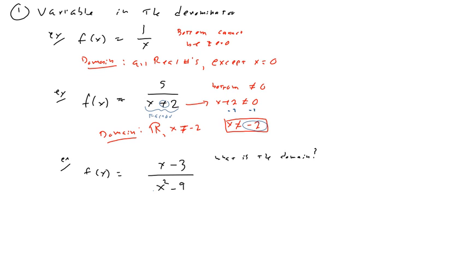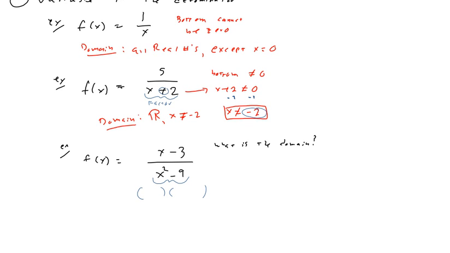I can do this parenthesis thing, and I see this is a perfect difference of squares, x squared minus 9. Hopefully you all know. Do we all remember how to factor? X squared minus 9 factors into x plus 3 and x minus 3.